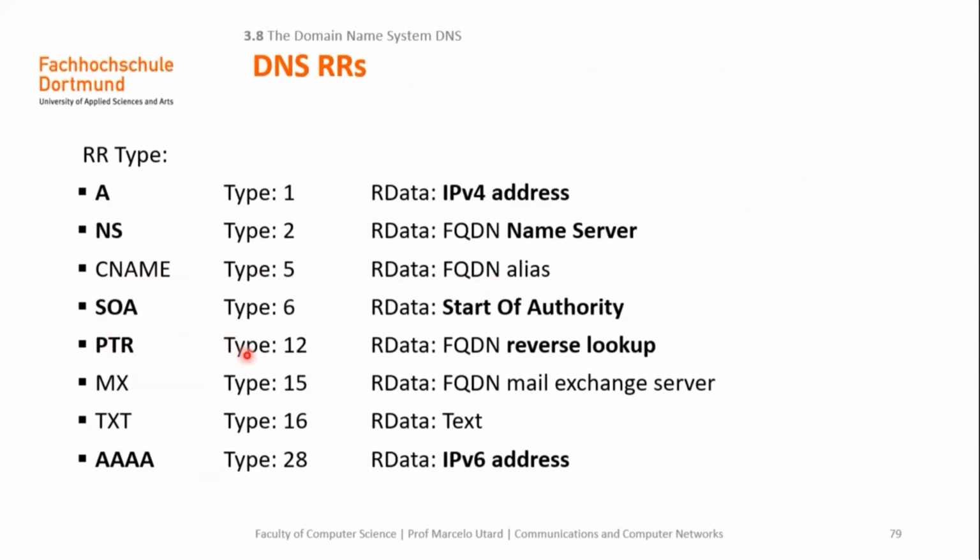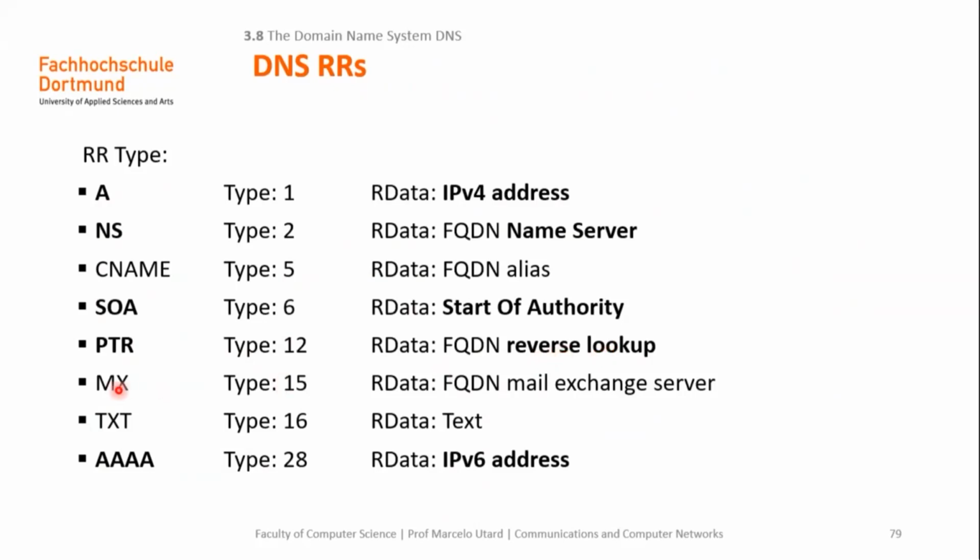And we will see that there are other RR types. The pointer, the PTR, is used in order to perform what we will see later is the reverse lookup, in order to obtain the FQDN associated with an address, not to obtain an address based on a particular FQDN. That is what we call a reverse lookup.